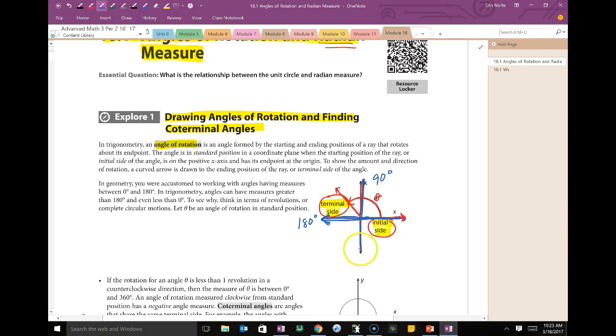If I went straight down on the y-axis, that would be 270 degrees. And if I went all the way around and landed right back on the x-axis, that would be 360 degrees. Okay, so those are always done in a positive manner. So positive angles go counterclockwise.